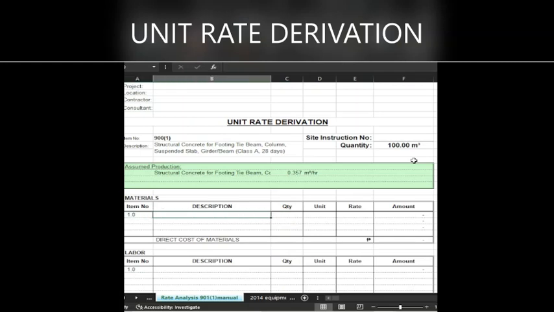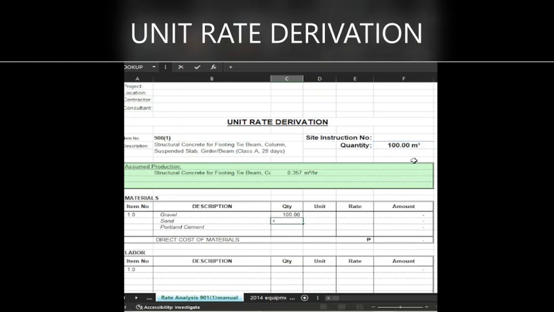So our materials are gravel, then we have sand and Portland cement. For 1 cubic meter of structural concrete, we have 1 cubic meter of gravel, so we'll just multiply this one by 1.